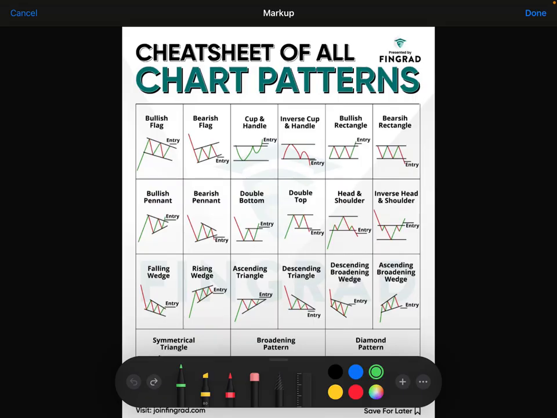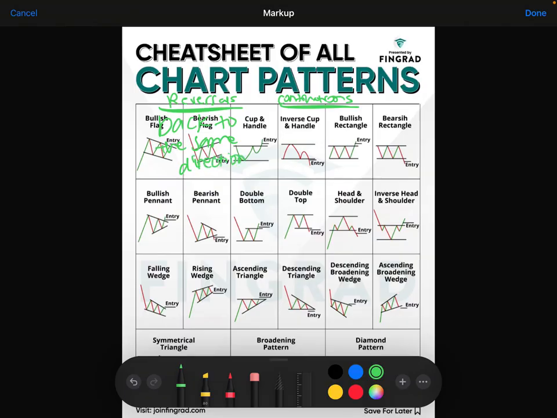There are two types of patterns: reversals and continuations. The reversals are going to be anything that goes back the opposite way.